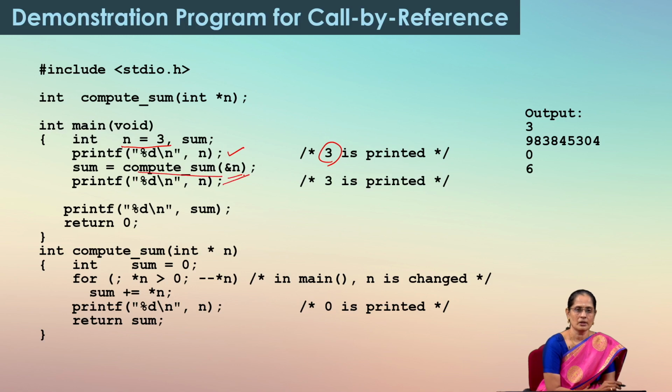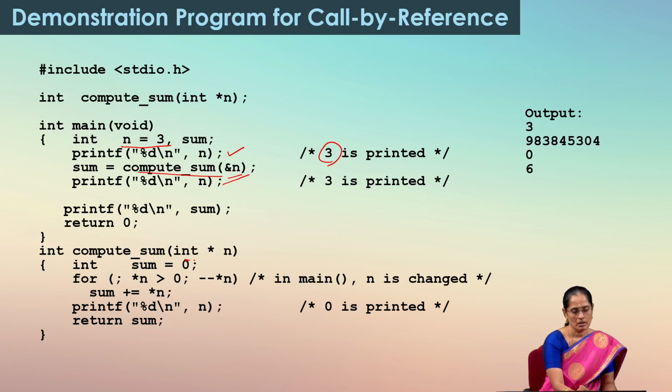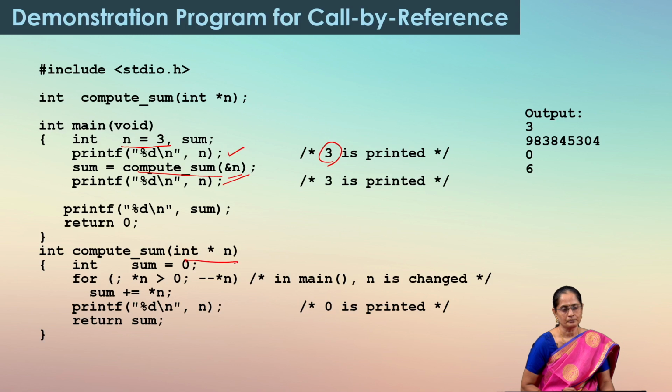In the previous example we passed the value as input; now we are passing the address. When the address is passed, it is received through the pointer. Using the same loop we are updating the value of n, and n becomes 0 here.